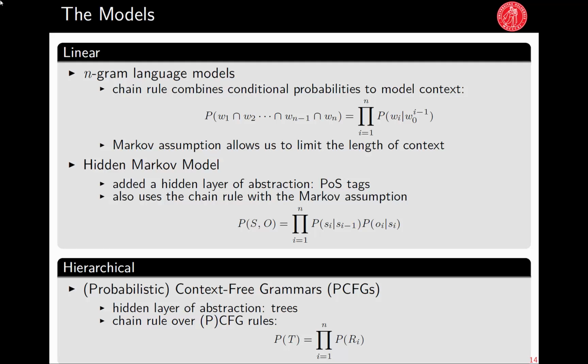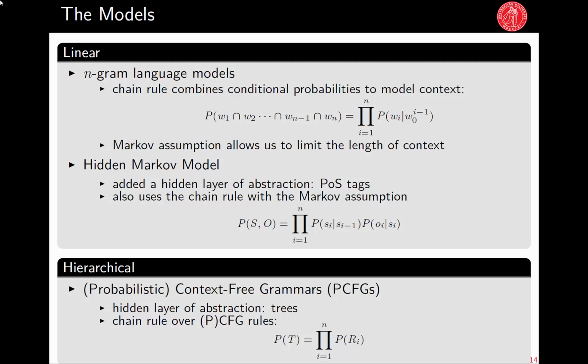In the part of speech tagging or the sequence labeling task, we add a hidden layer of abstraction for natural language parts of speech, which we cannot observe. And again, we use the chain rule and the same Markov assumption on the state sequence, the hidden layer, and link it to the observation layer through the transition probabilities and the emission probabilities that link the hidden layer to the observations.